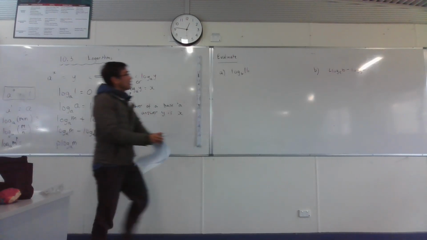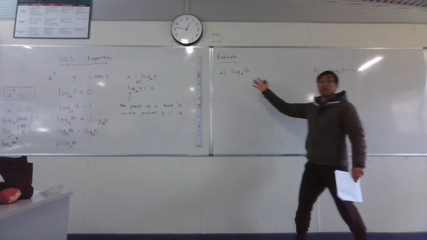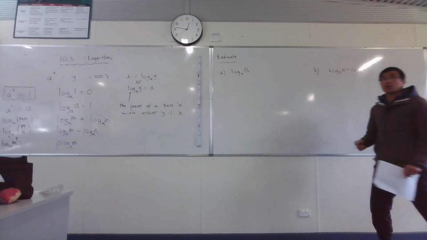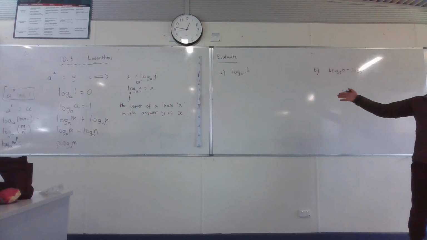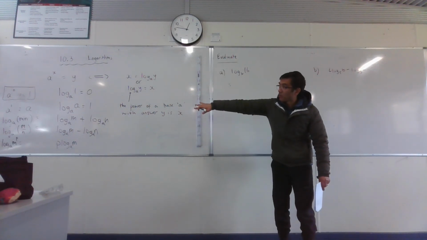Okay. So over here, you're going to evaluate a few logs, going to make them simple. Log 2, 16. There are many ways to cut this. It's up to you how you want to do it. Would anyone like to start based on some things over there?